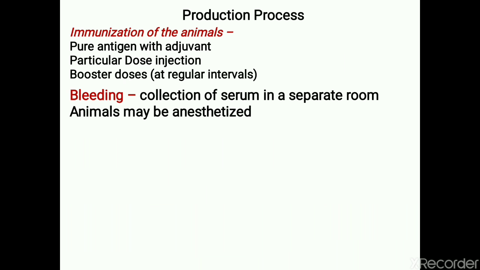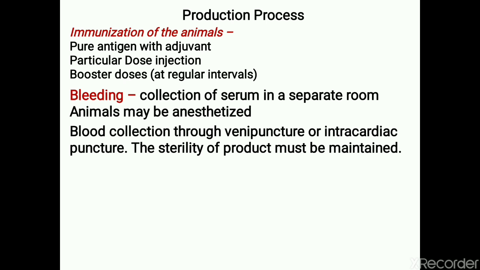After immunization, after a particular period of time, the bleeding is done. Bleeding is the collection of blood or the collection of serum in a separate room. For this, the animals may be anesthetized. Blood collection is done through venipuncture or directly from the heart, that is called intracardiac puncture. The sterility of the product must be maintained.